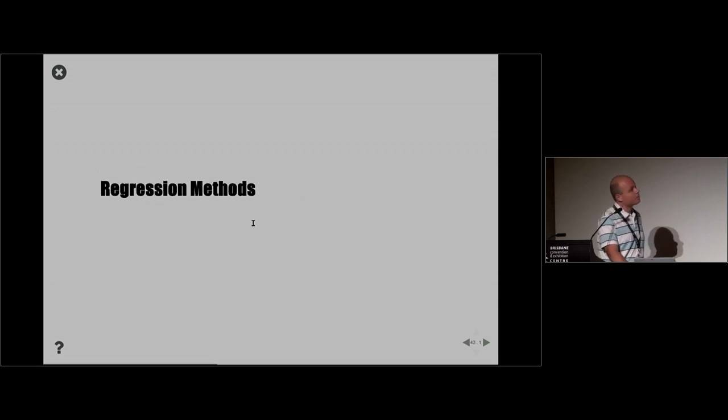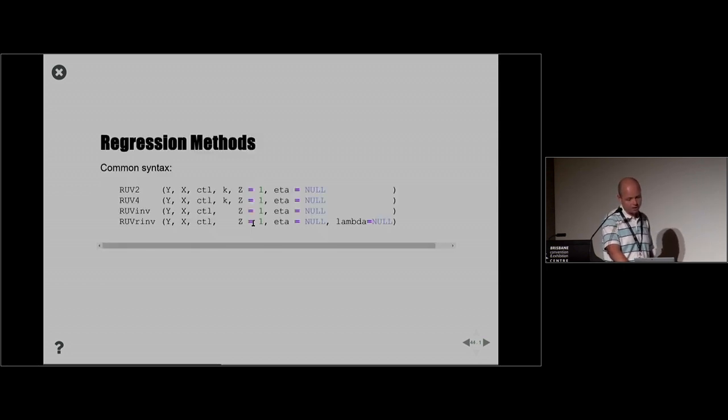Okay. And then there's also the Shiny app, which is built into the package, and that's ruv_shiny. And I'll come back around to that. Okay, so I'm going to start with the regression methods, and I'm basically going to just work through an example analysis after I show you here some of the basic syntax. Okay, so again, there's RUV2, RUV4, RUVinv, and RUVrinv, and they all do basically the same thing.